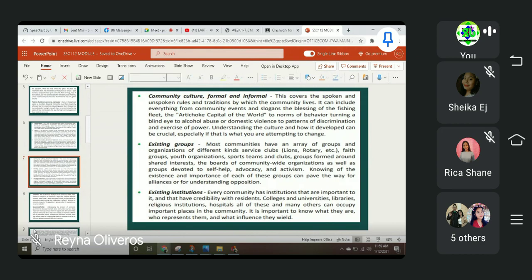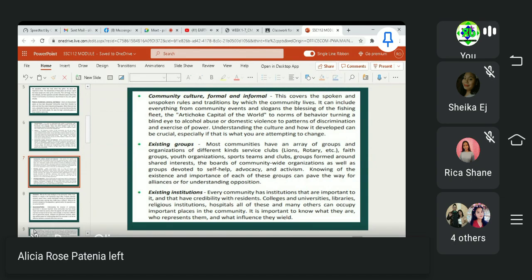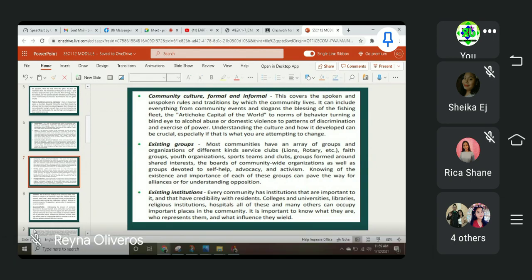Either by faith, by group, youth organization, 'di ba? Sports team, okay, club. Yan. Groups form around shared interests, and there are boards of community-wide organizations as well as groups devoted to self-help, advocacy, and activism. So, dapat pala yun, 'di ba? According to the survey, dapat inaalam nyo rin yun.